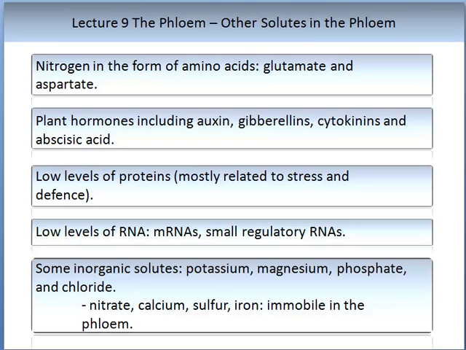There are low levels of RNA, mostly in the form of messenger RNA and small regulatory RNA compounds. Some inorganic solutes can be found, such as potassium, magnesium, phosphate and chloride. Calcium, sulfur and iron are immobile in the phloem.